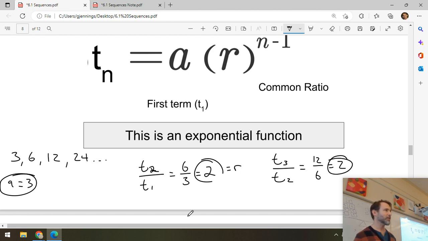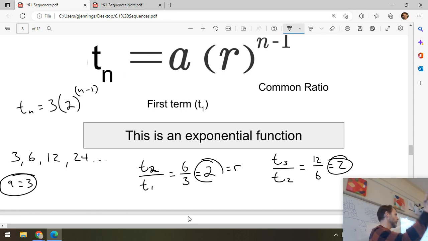And that's how you test to see is this thing a geometric sequence or not? Is the ratio common to all of these terms? It is a common ratio in this case, so that's our general term. In this one, Tn is equal to 3 multiplied by 2 raised to the power n minus 1. And I like to put that n minus 1 in brackets just to remind myself. Do that first.